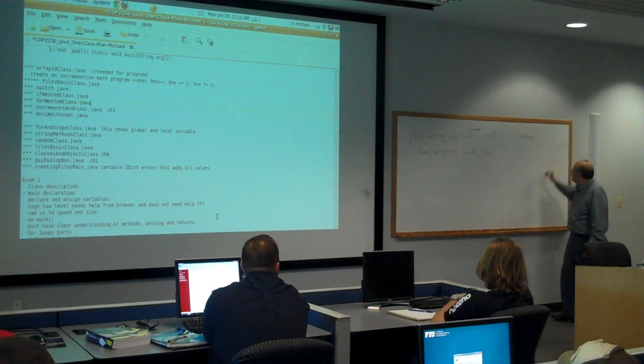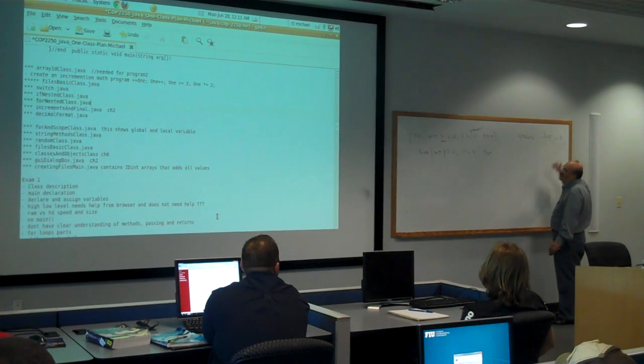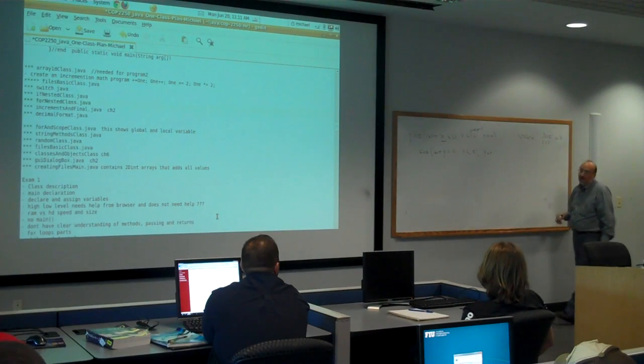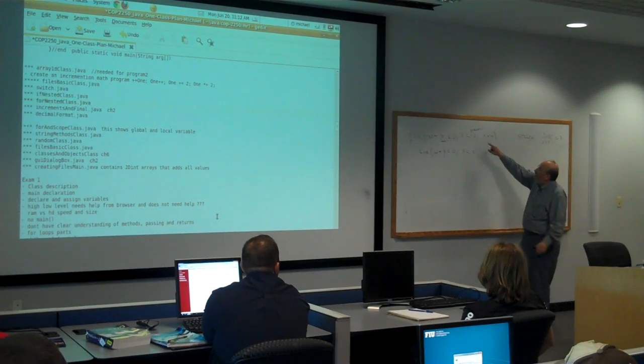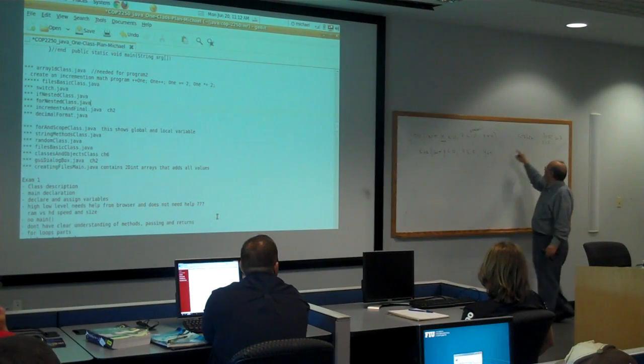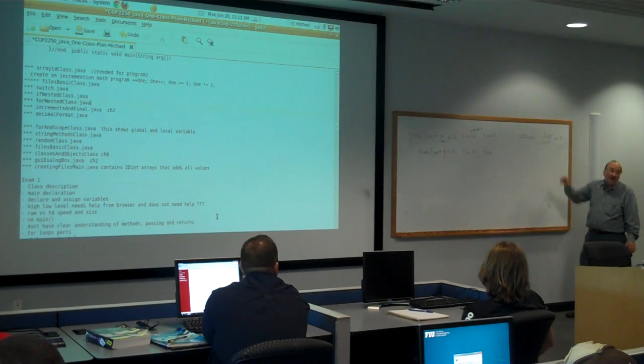Because the length could be Joe, 3, right? But we want to print 0, 1, and 2. So some people had errors, like out-of-bound errors. And the reason was because they were trying to access the length number 3, and there's no length 3 on the string. There's length only up to 2, 0, 1, and 2. Okay? That's the out-of-bound errors that some people have.